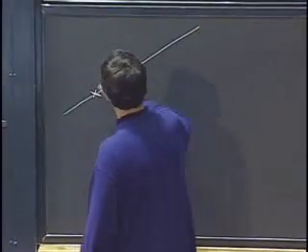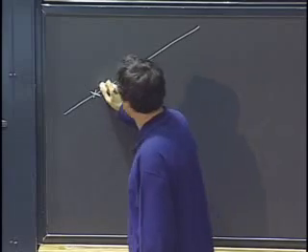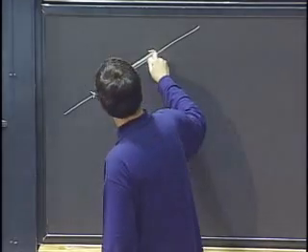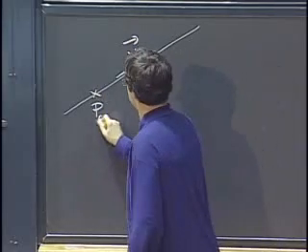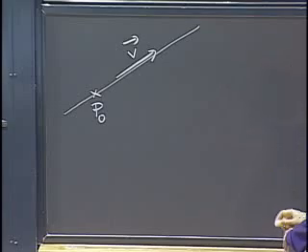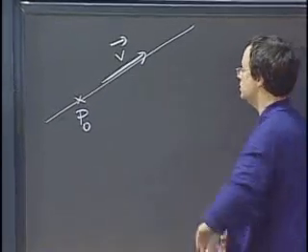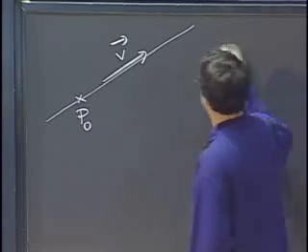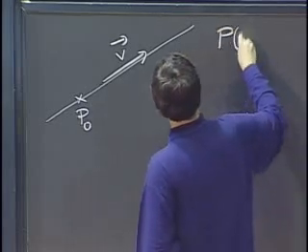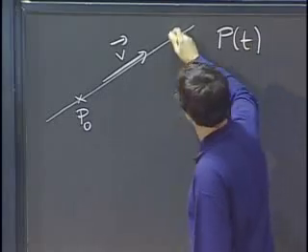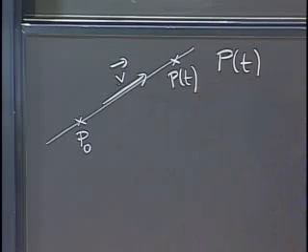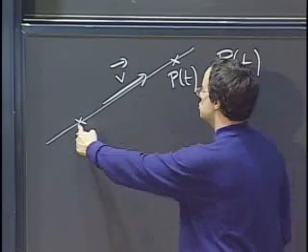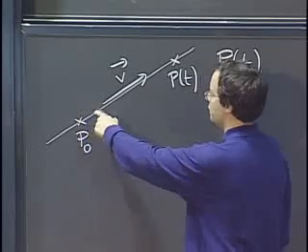To know the parametric equation of a line, we need to know a point on the line, and we need to know a vector that's parallel to the line. If we know a point on the line and a vector along the line, then we can express the parametric equations for the motion of a point that's moving on the line. Actually starting at this point, at time 0, and moving with velocity v.